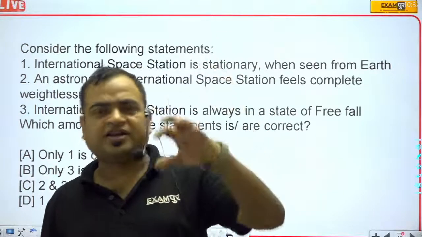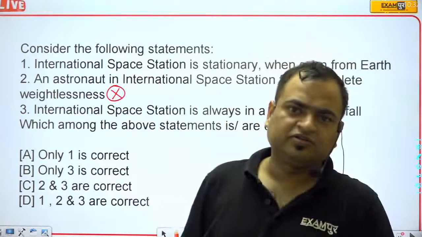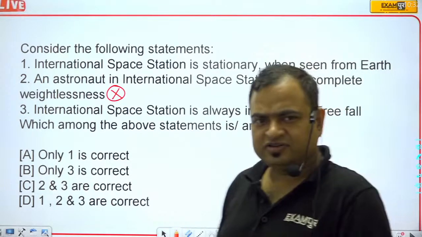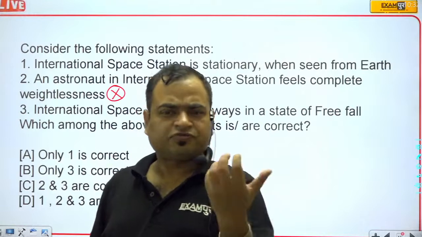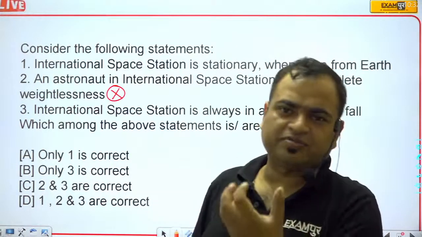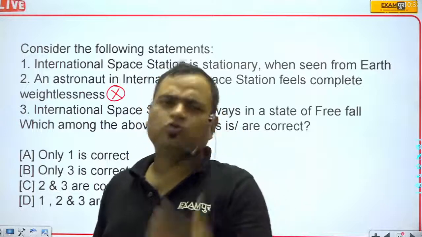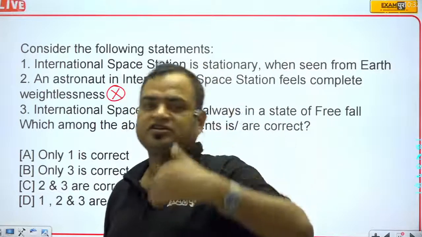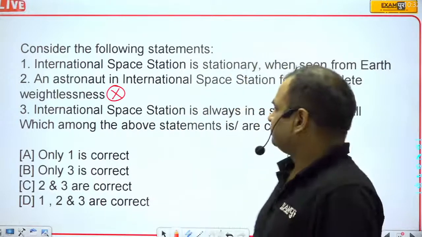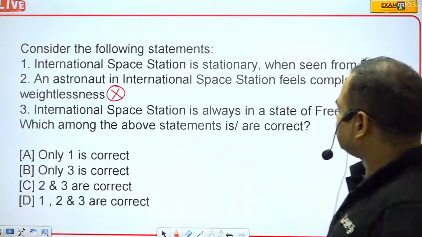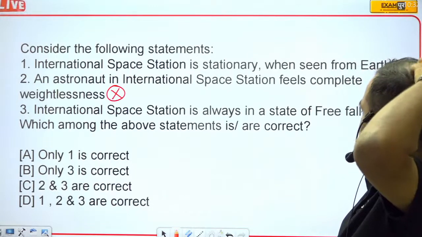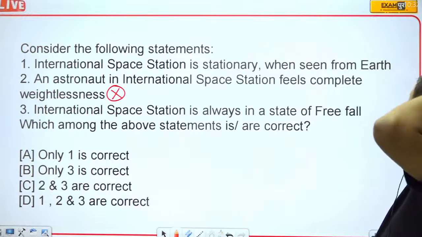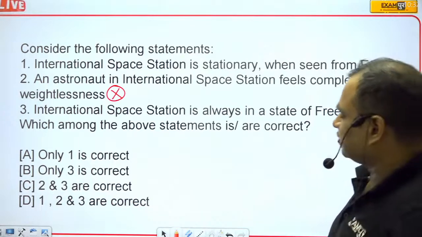Earth would be attracting the same body, obviously. The astronaut feels microgravity, which means very weak attraction forces because of the long distance. Third, the International Space Station is always in a state of free fall.